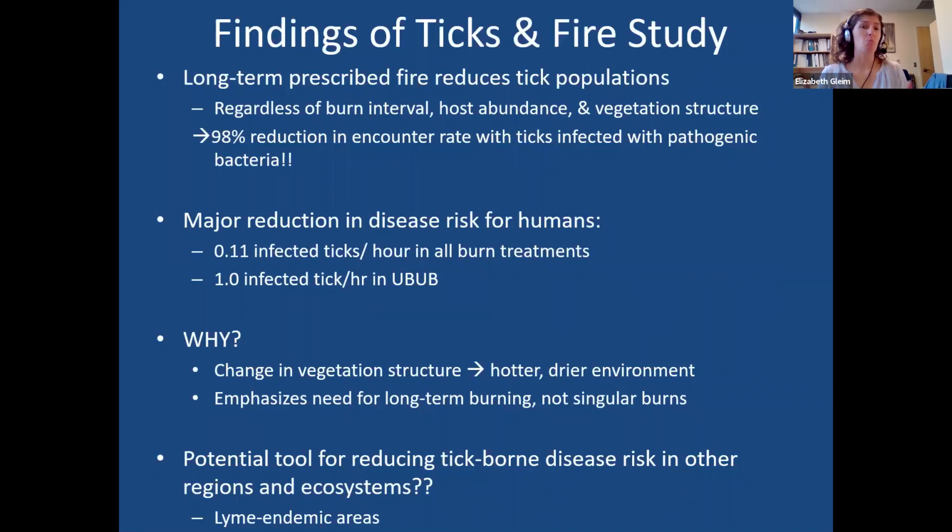And this allows more sunlight to penetrate through the canopy to the understory, which creates a hotter, drier environment. And what kills ticks? Desiccation, drying out kills ticks. And so it just turns out that ticks could not survive in those burned habitats because of that hotter, drier environment, right?